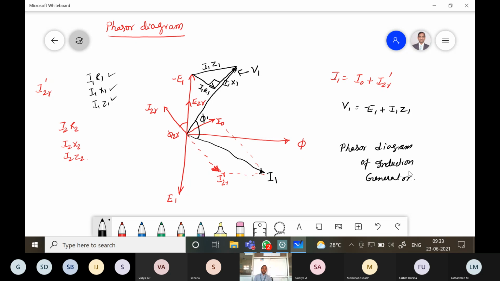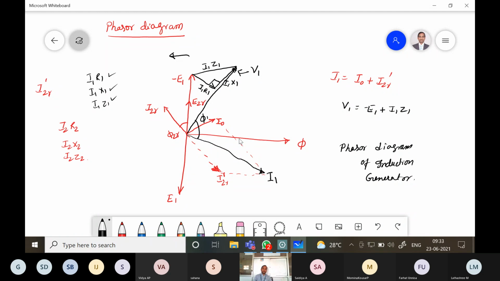So here I2R leads the voltage of minus E2R, leading by an angle phi 2R.